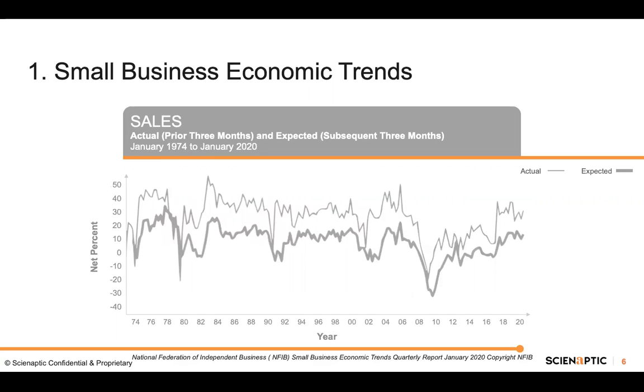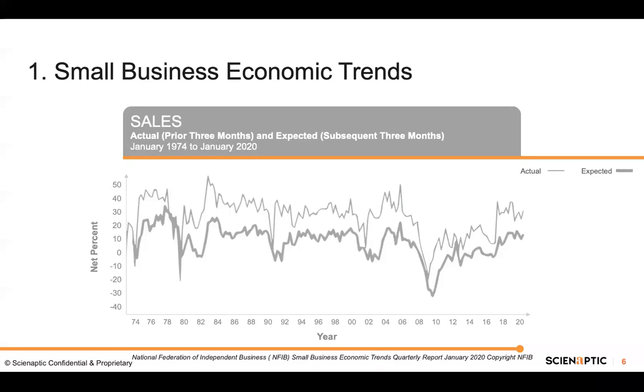Now, underlying this index, I picked one of the indicators, which is sales, again from 1974 until January 2020. The graph shows the actual and expected sales volume for these small businesses. And the trajectory is quite clear. I need not explain.